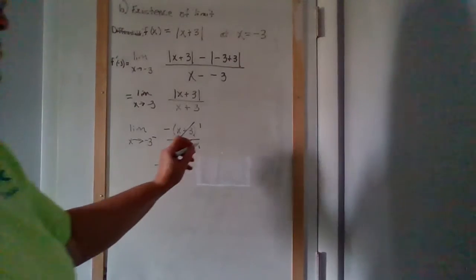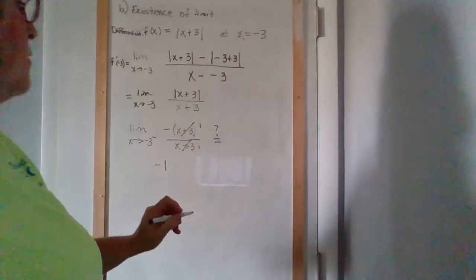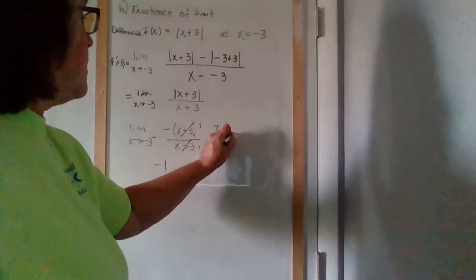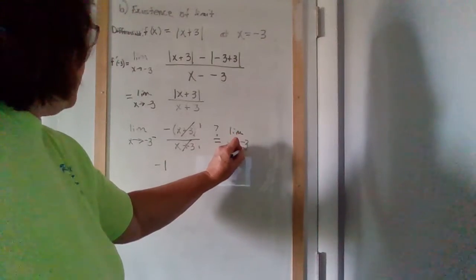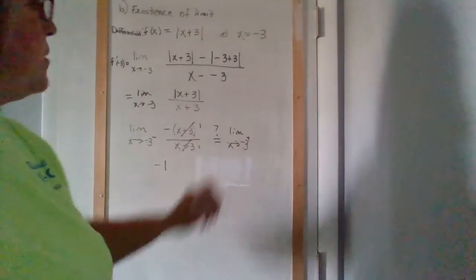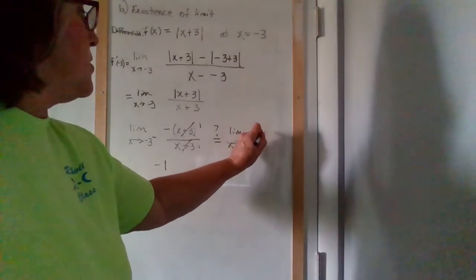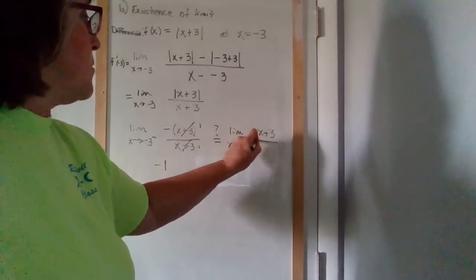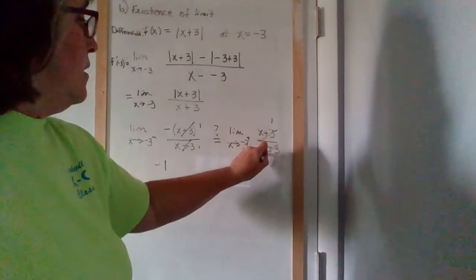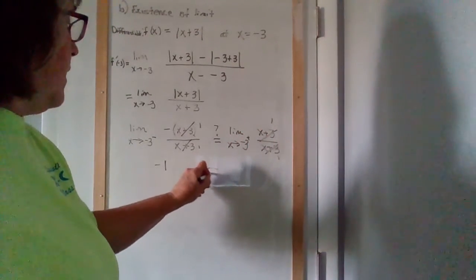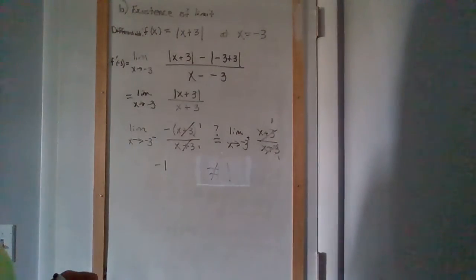And then I'll have to make sure, does that equal the limit as x approaches -3 from the right? Well, from the right, removing the absolute value, I've used the positive branch. So x plus 3 over x plus 3. I can cancel, and I get a 1. And obviously, -1 does not equal +1.